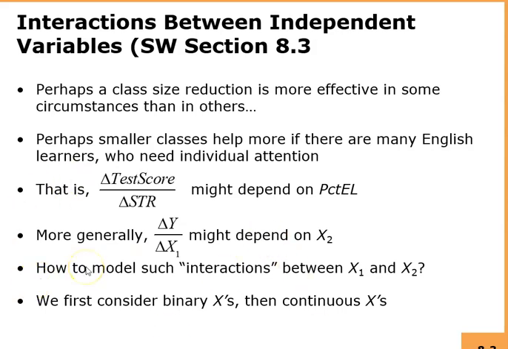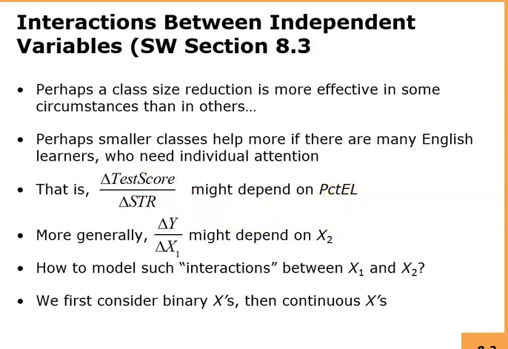So what we are essentially looking at is that the change in test score over change in student-teacher ratio, this slope, might depend on the percentage of English learners in the classroom.